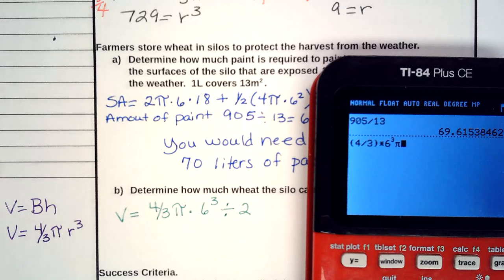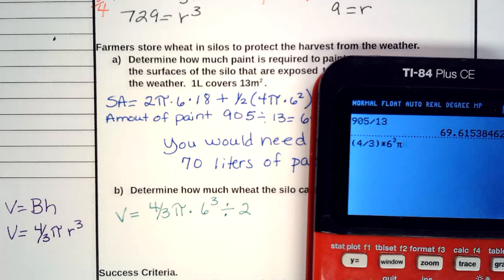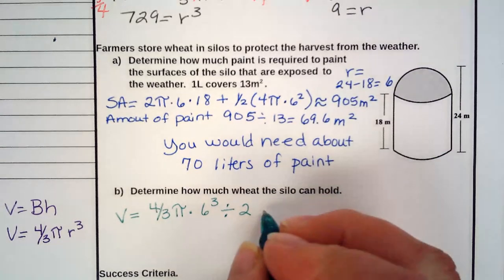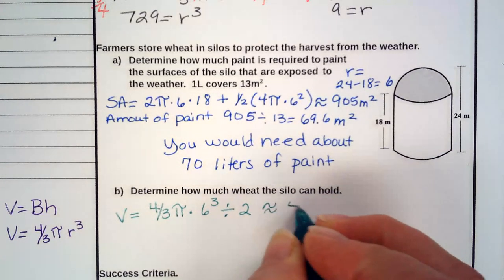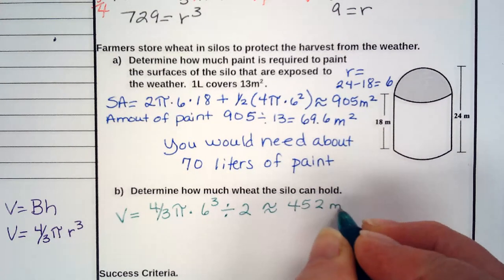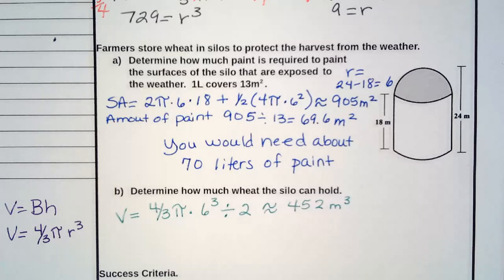We're going to do that estimation. Then we got to divide by 2. We get 452.38. So we will round it to 452. That would be meters cubed.